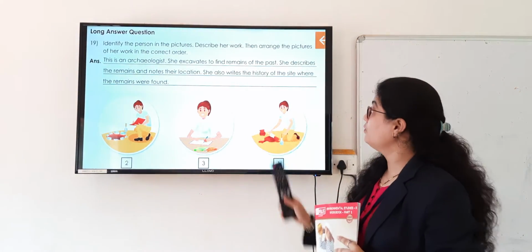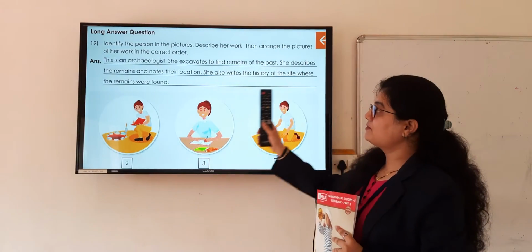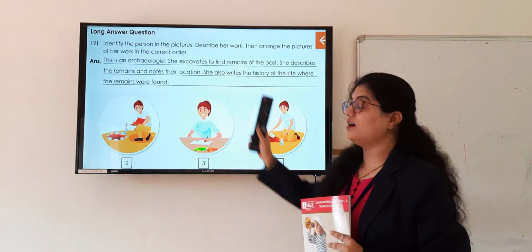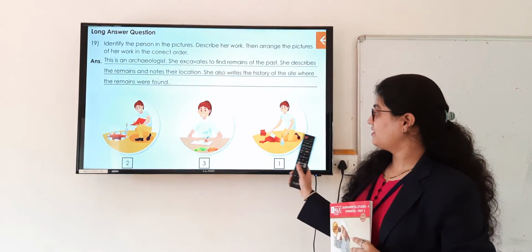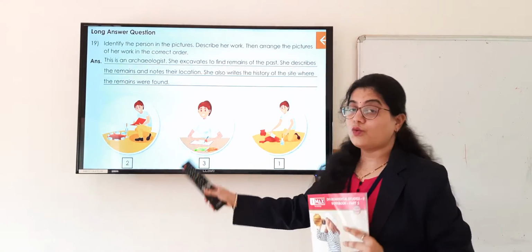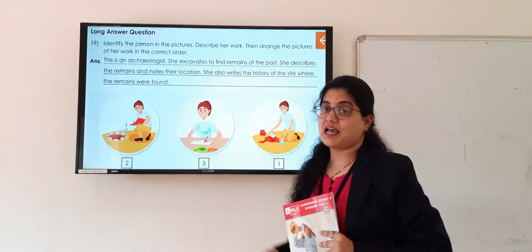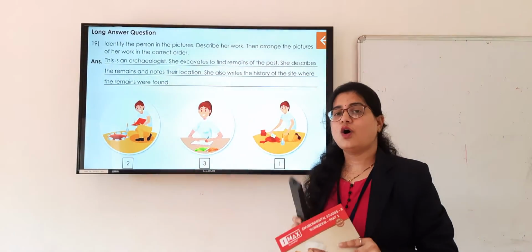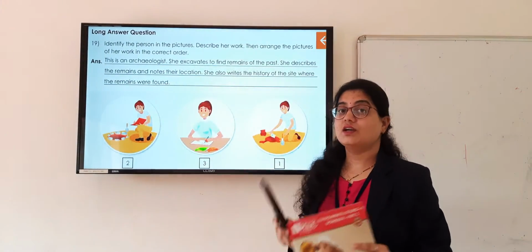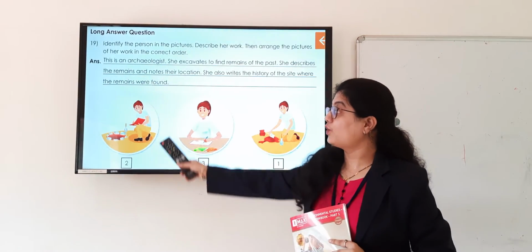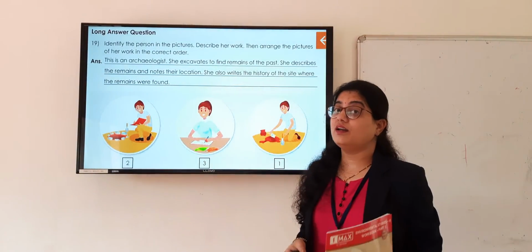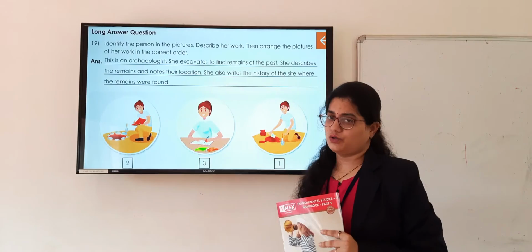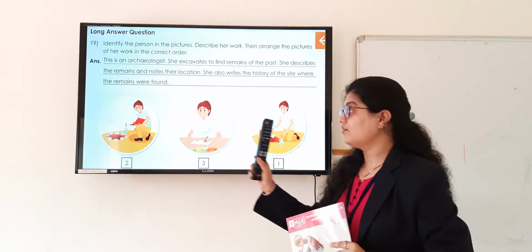Then she describes the remains and notes their location. After digging up, she describes the material, size, shape and color of the thing she got, and she notes down the location where that object was found.